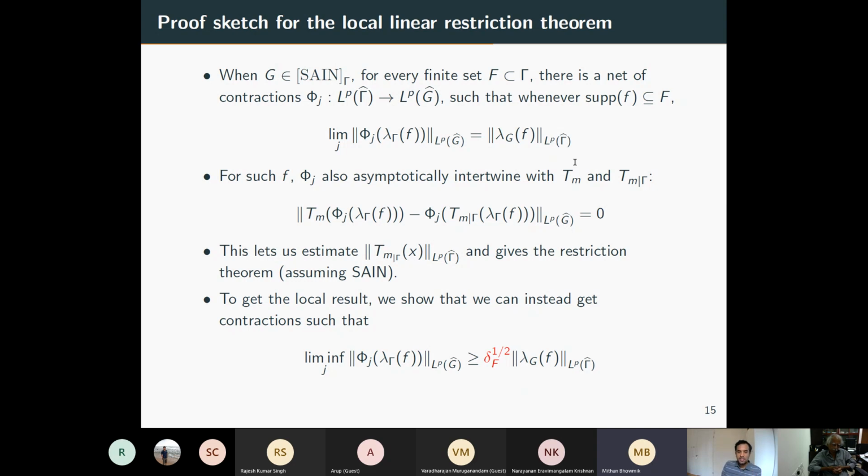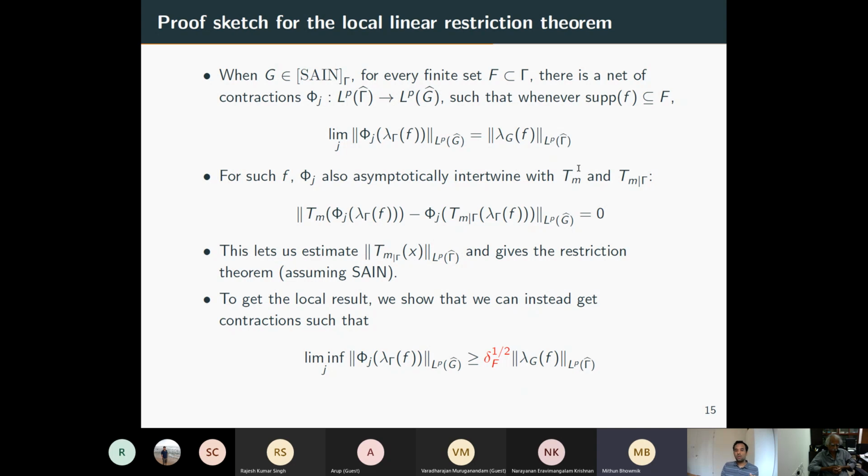So really, this is the backbone of the restriction theorem in the linear case when you assume the small almost invariant neighborhood property. The local result is really exactly this, except we just show that now you can get contractions.